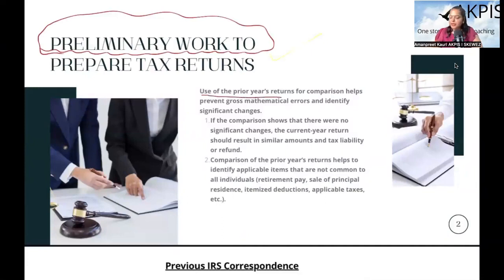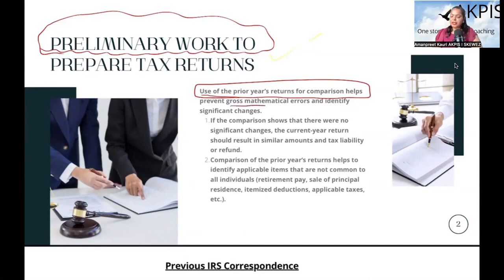Use of the prior year returns for comparisons. That means if you are filing your tax return for 2023, why are the tax return details for 2022 important for you? Just to make a comparison. Why is the comparison required?